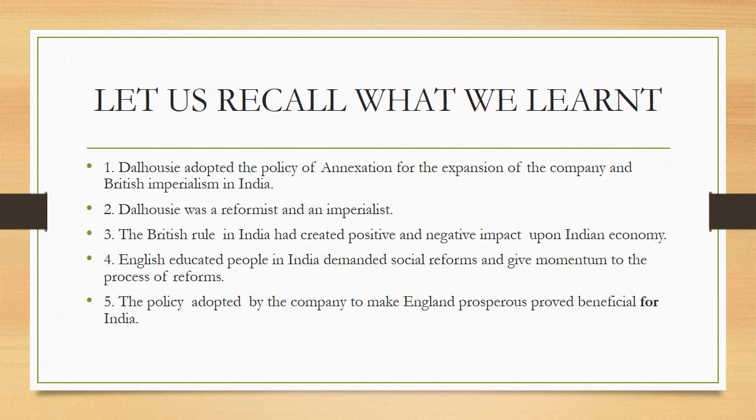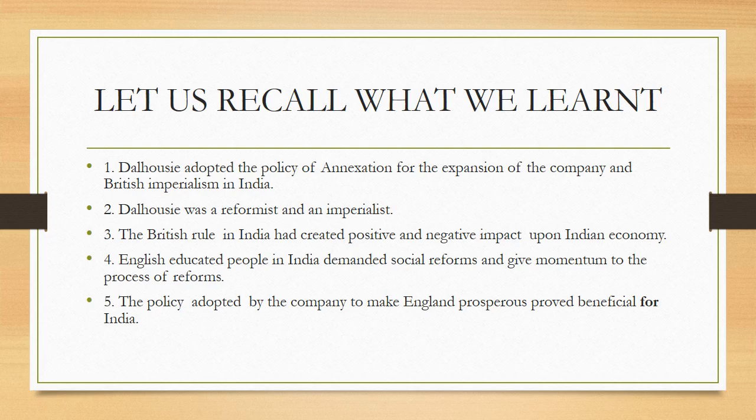Next, we will learn about the summary. The East India Company came to India allured by the prosperity and trade opportunity. The company's rule produced certain good and bad results in the political, economic, social and cultural fields.